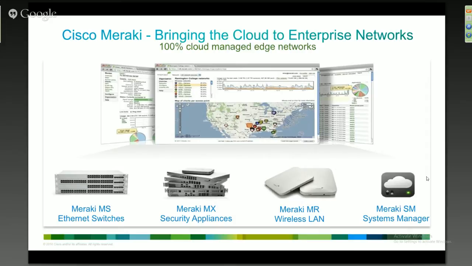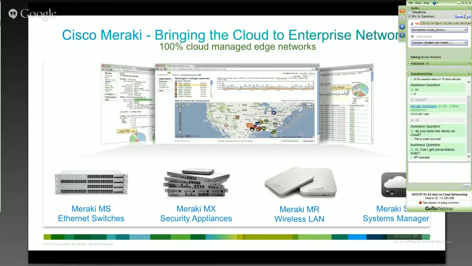Meraki doesn't require internet access all the time. That's a great question. We require 1 kilobit per second for management. Once the network is configured, the management portal can go away. We never get into the path of your actual user traffic.